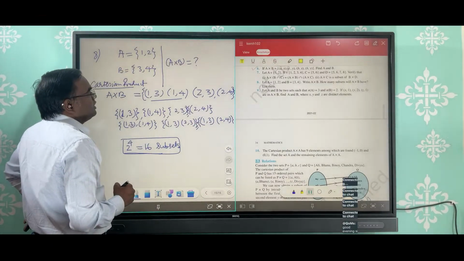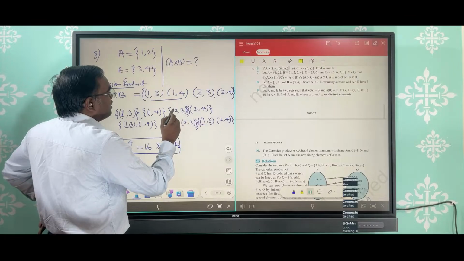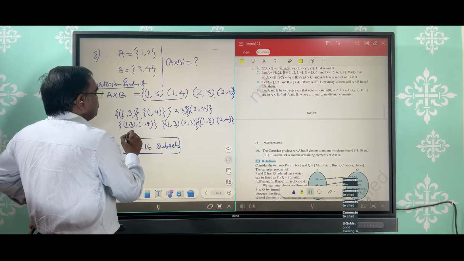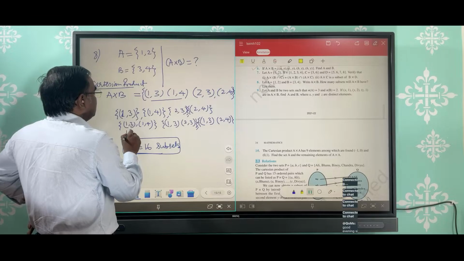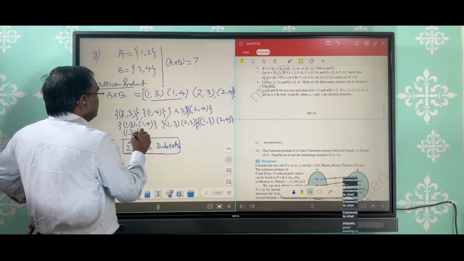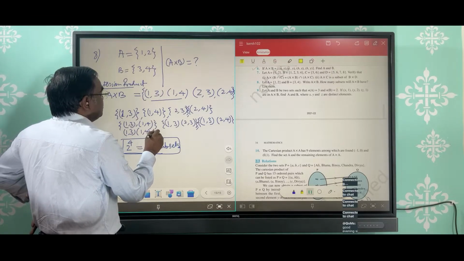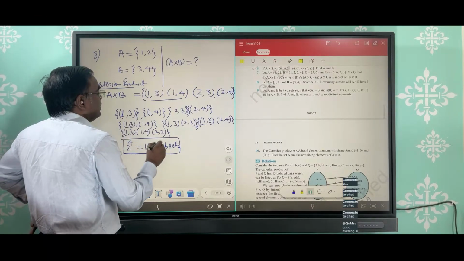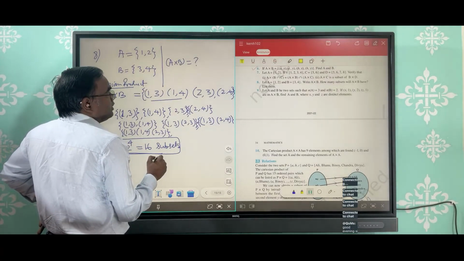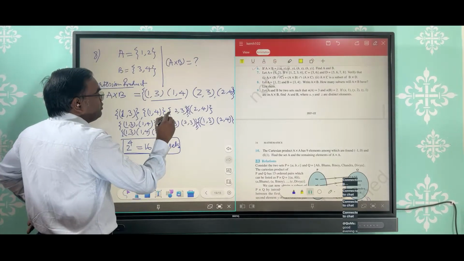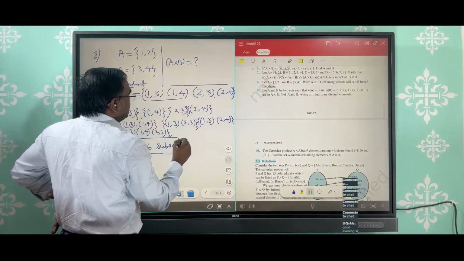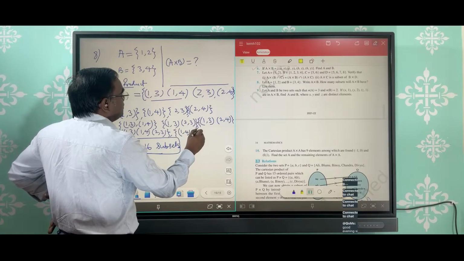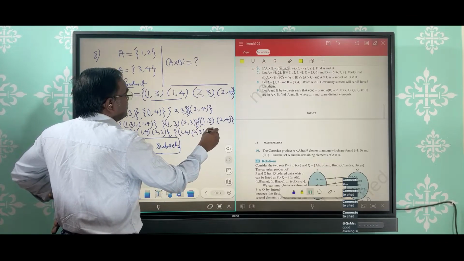Similarly, you can have combinations of three together, like (1,3) (1,4) (2,3). Similarly, another combination of three: (1,4) (2,3) (2,4).